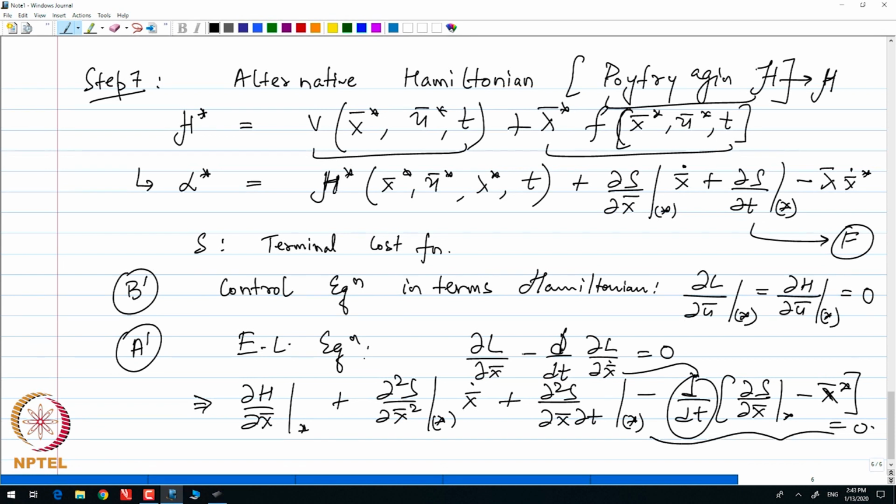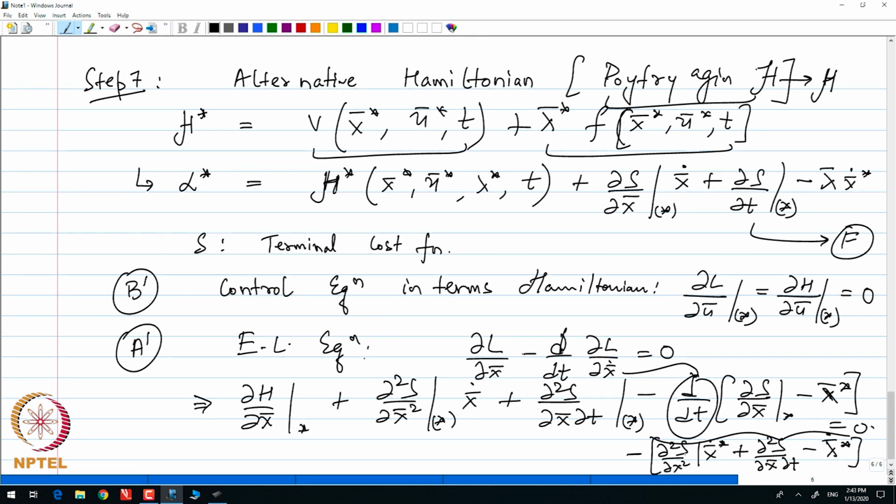This quantity reduces to minus of partial s partial x squared times x bar dot star, and then plus the second derivative of s, partial x partial t, minus lambda bar star dot. So, we have taken the time derivative.